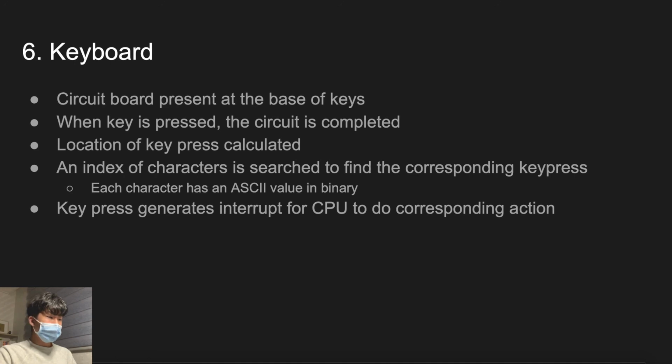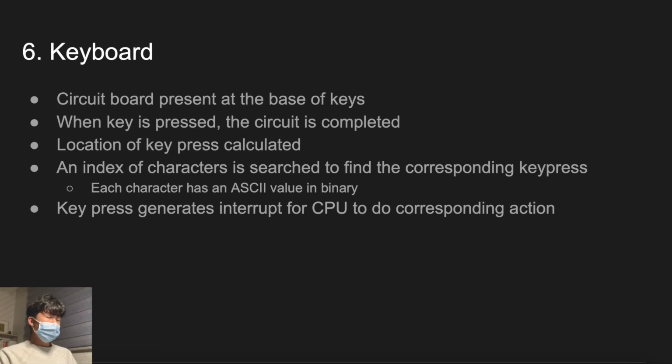And once that binary value is found, after the key is pressed, an interrupt is generated and it is sent to the CPU for action of actually displaying the character A because you pressed the key A. So this is how the keyboard works and each key is used.